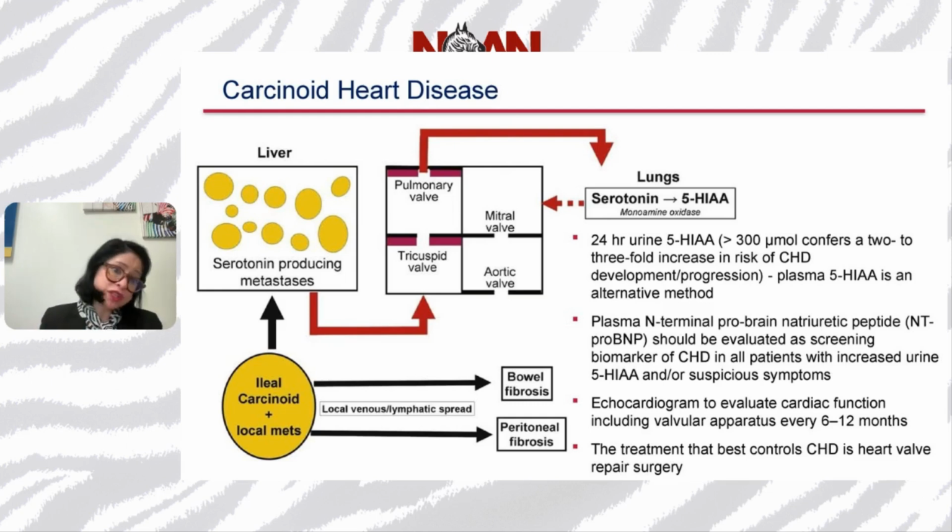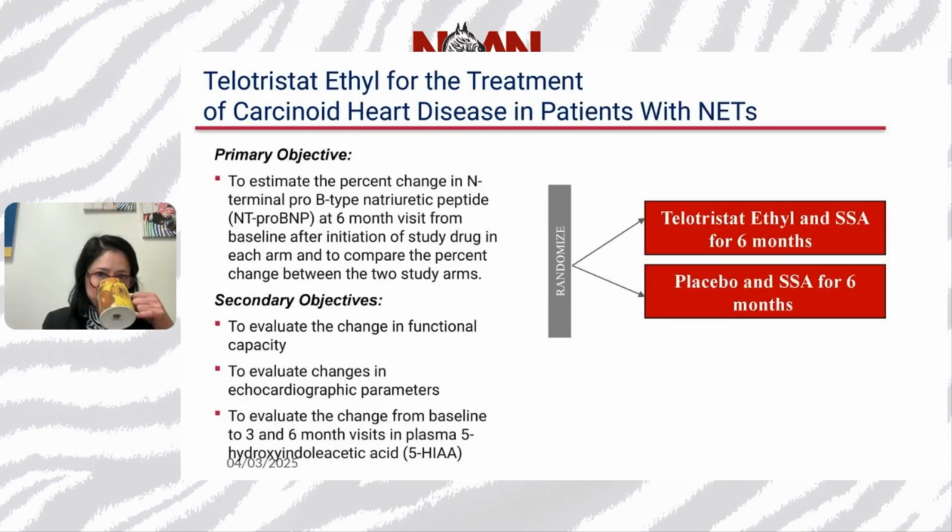I think that's something we need to understand more. I usually like to obtain this as a baseline, and then continue to follow up every time the patient has scans. And if I see a patient who has serotonin or 5-HIAA levels that are elevated 2 or 3 times the upper normal, I refer the patient to the cardiologist so that they can have an echocardiogram.